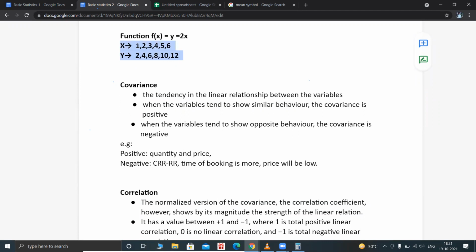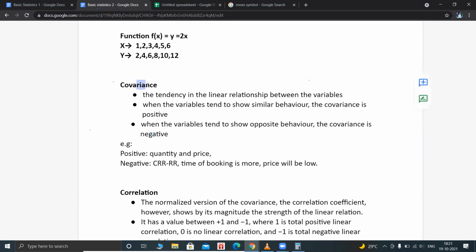If I increase x and the y value is getting decreased, that is called negative covariance or negatively correlated. The covariance and correlation are both similar, guys.